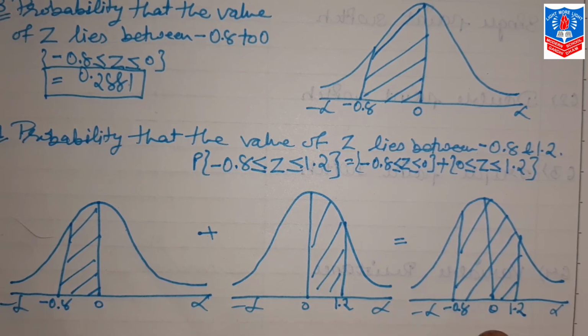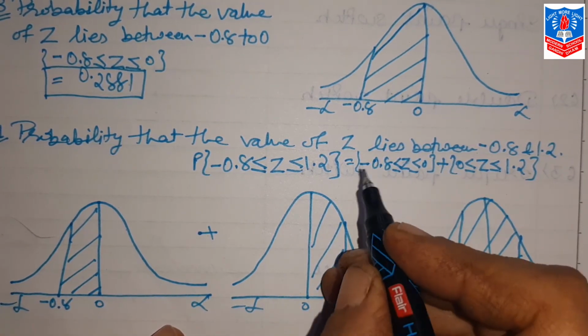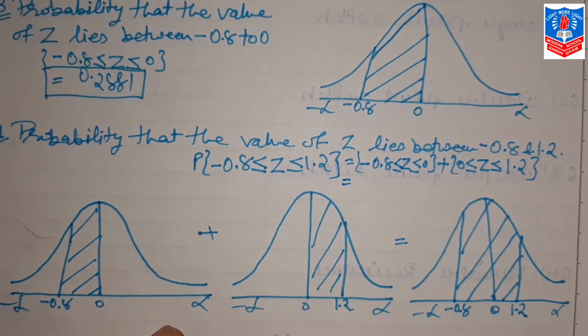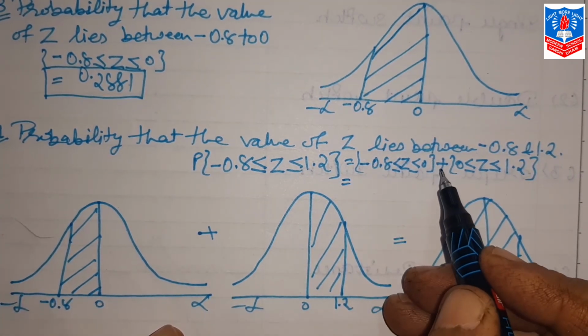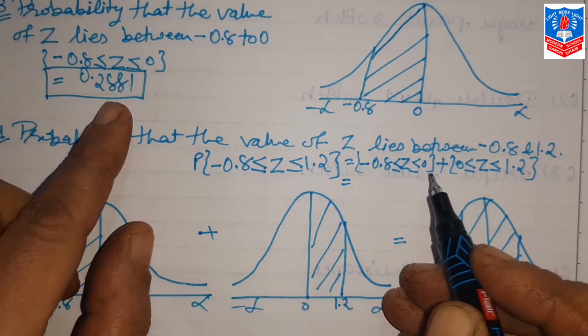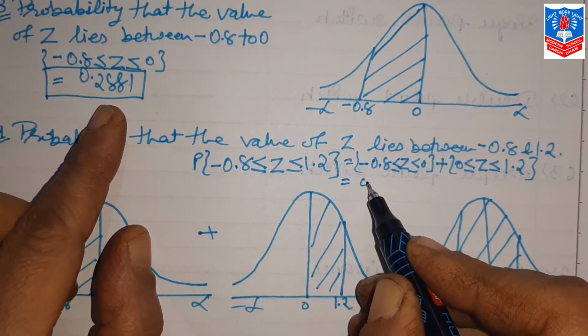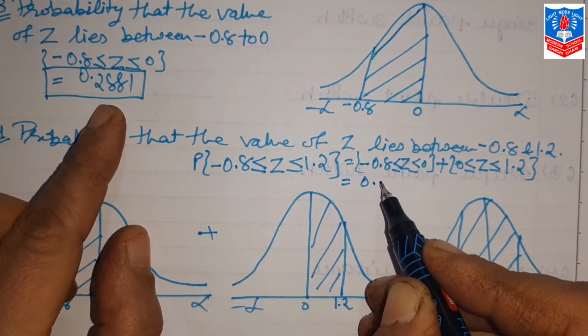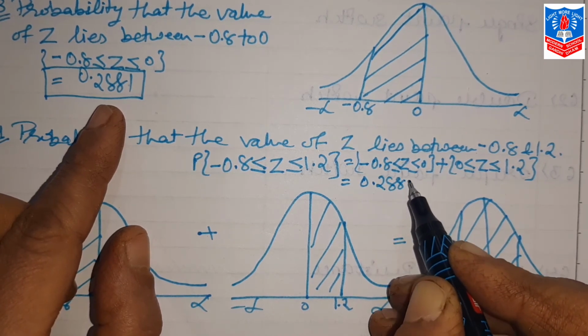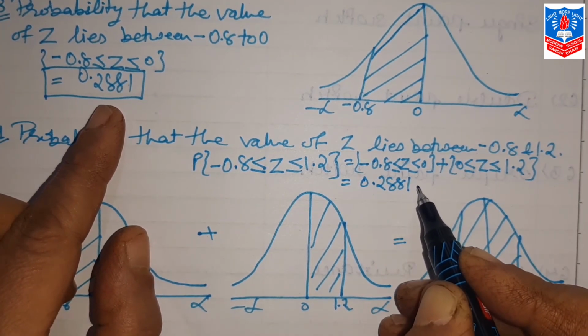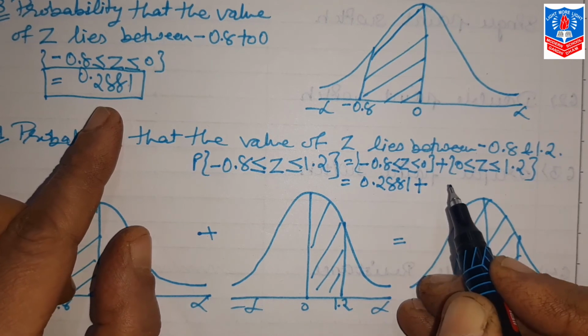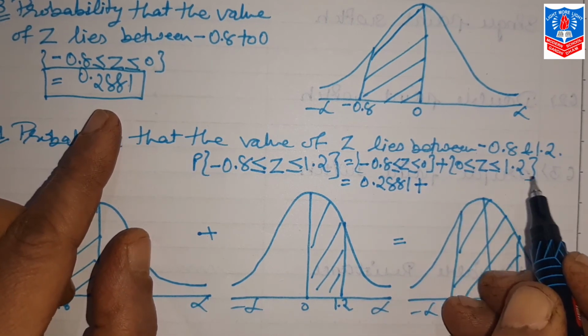As I told, first we always draw a diagram and then we find the area with the help of the Z table. Minus 0.8 to 0, we had already calculated and seen in the table, that is 0.2881, plus 1.2.